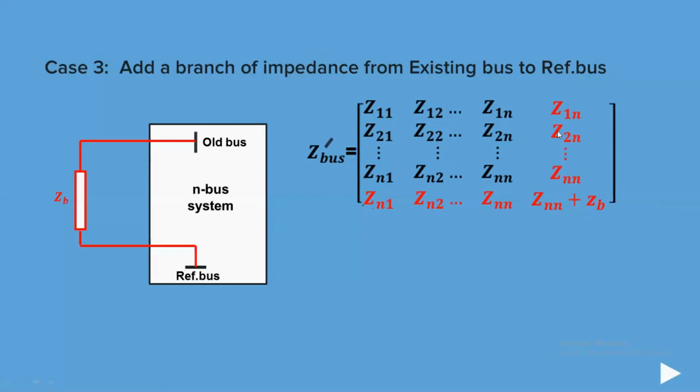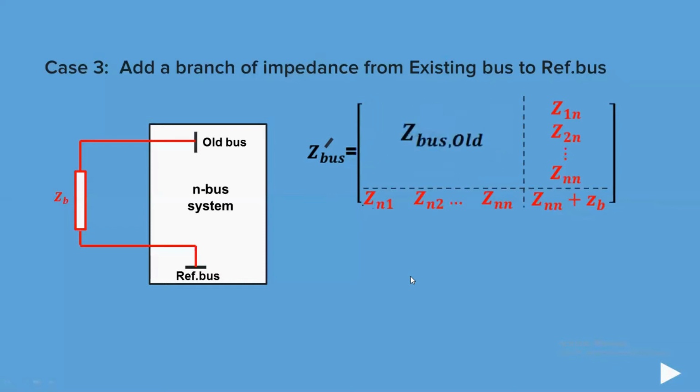To obtain the original matrix, we reduce one column and one row by using the row elimination and column elimination formula. By using the elimination formula, the old matrix values are modified and the last column and last row are eliminated.